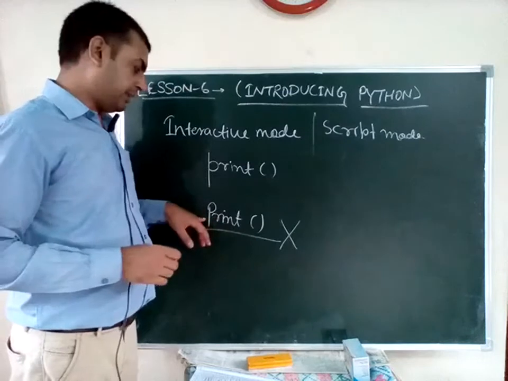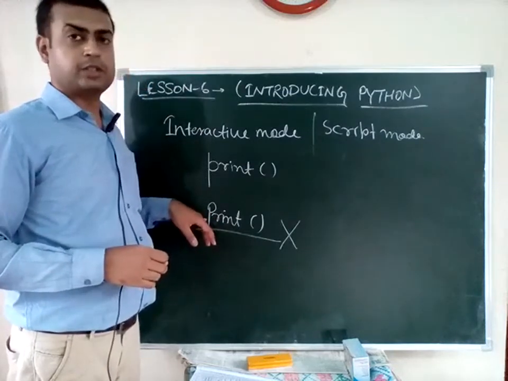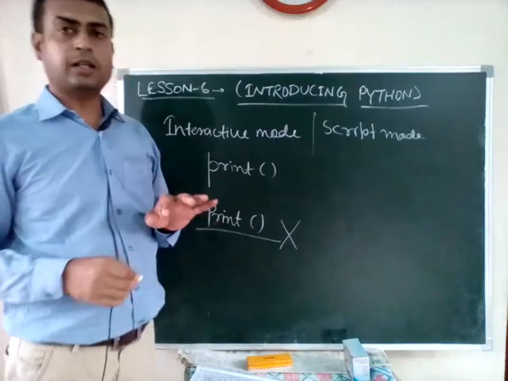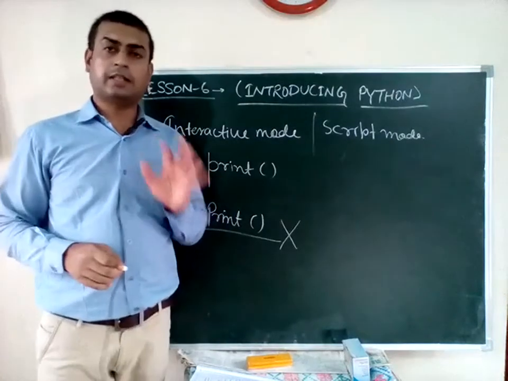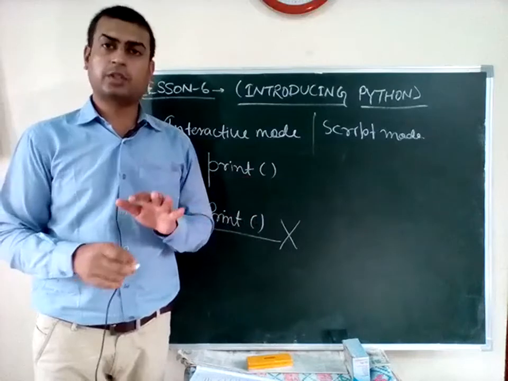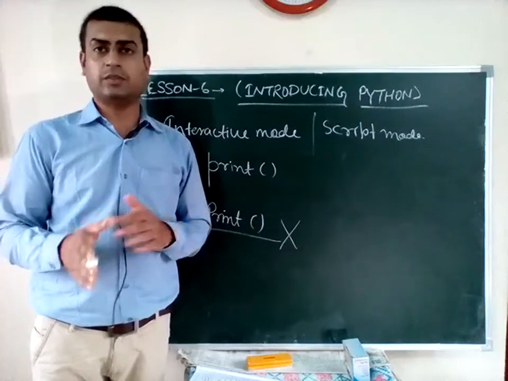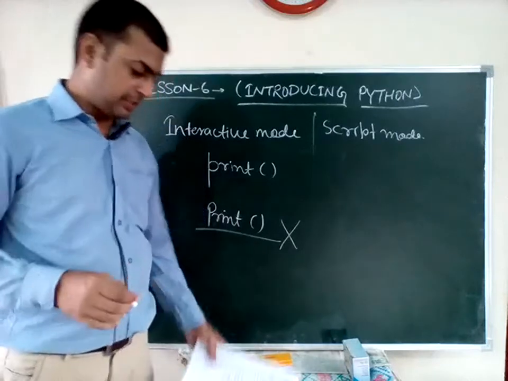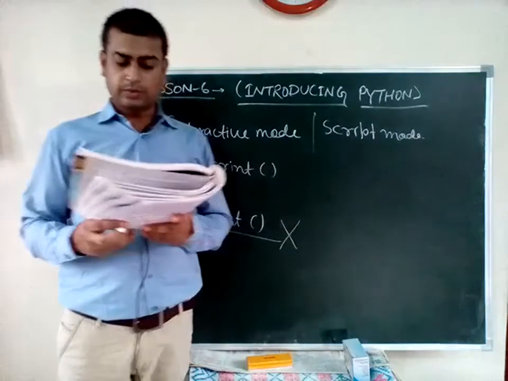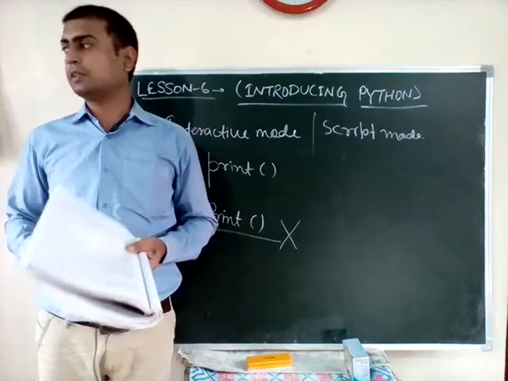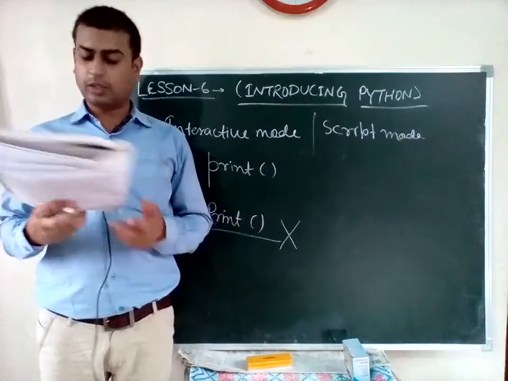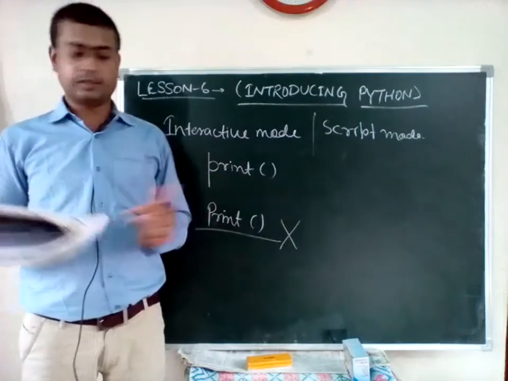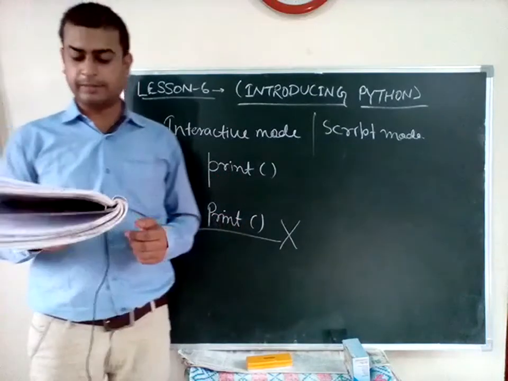This is not a correct format. Print must be small. If you use a capital, it will definitely show you an error, because print is a case sensitive word. You have to always use small letters. This is the main thing. Python is a case sensitive language. So I was telling you, print is valid, and Print with a capital is not valid.